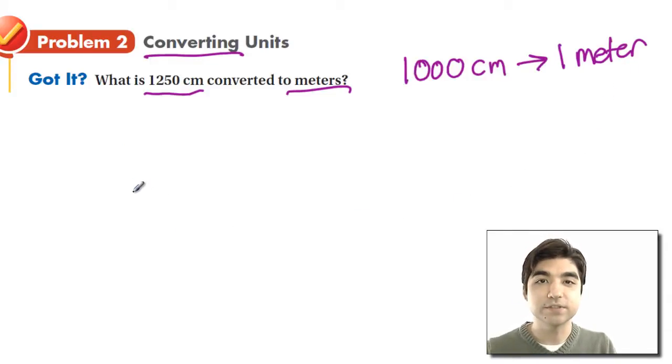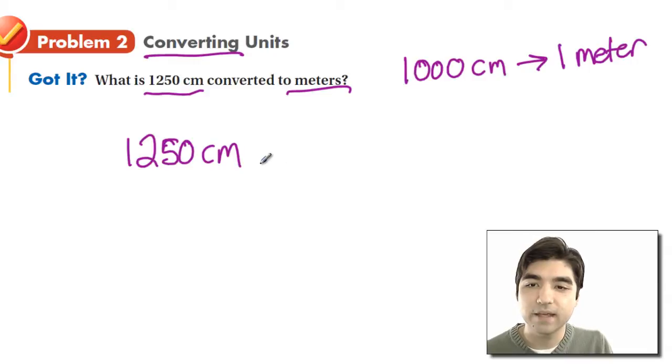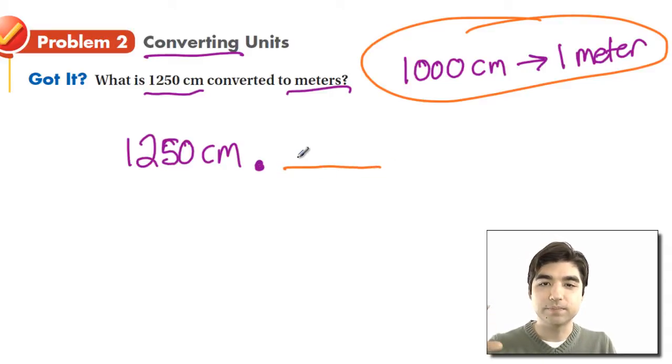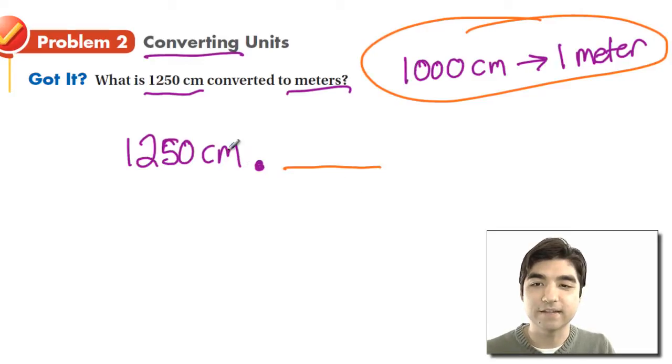So the first thing that you want to do, step one, is you write the original value, 1250 centimeters, and then you need to multiply that by the conversion here. Now you need to make a decision whether to put the centimeters on top or the centimeters on bottom. And how you know which place to put it at is that you want to get rid of the centimeters.